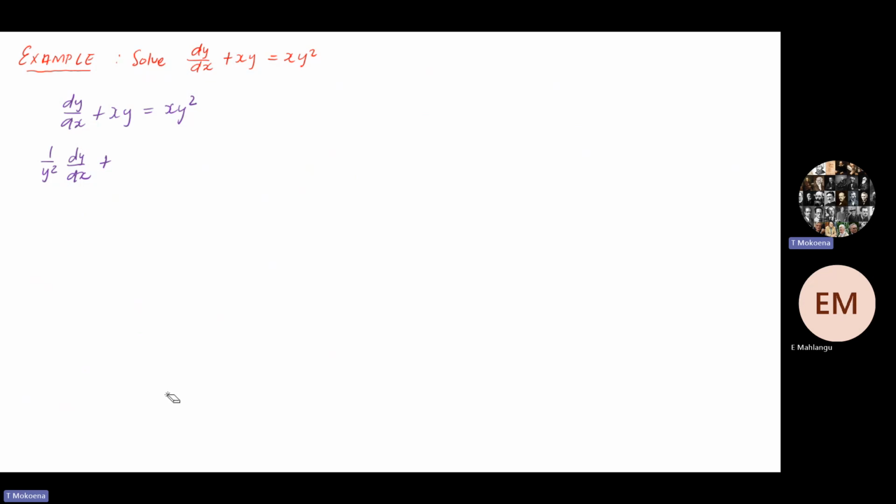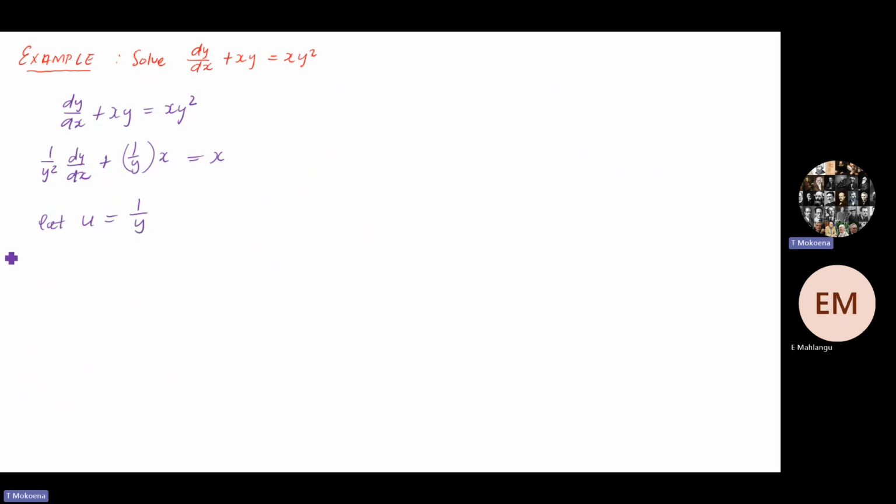It's not wrong there, I just want you to see it. So y over 1, and then multiplied by x. In this case, our p will serve as x. So in this case, we're going to let u be equal to 1 over y.